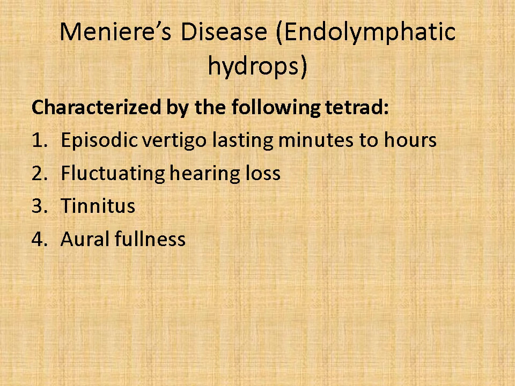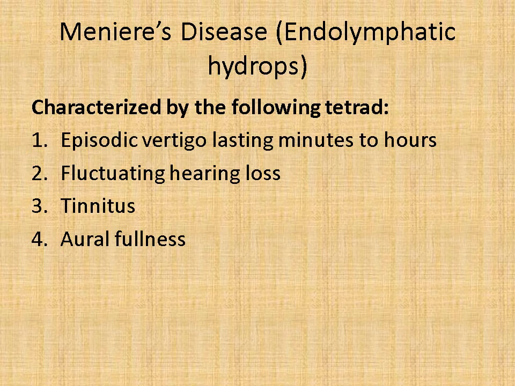Meniere's disease or endolymphatic hydrops is characterized by the following tetrad: episodes of vertigo lasting from minutes to hours, fluctuating hearing loss, usually starting as low frequency sensorineural hearing loss, in addition to tinnitus and aural fullness during the attacks.